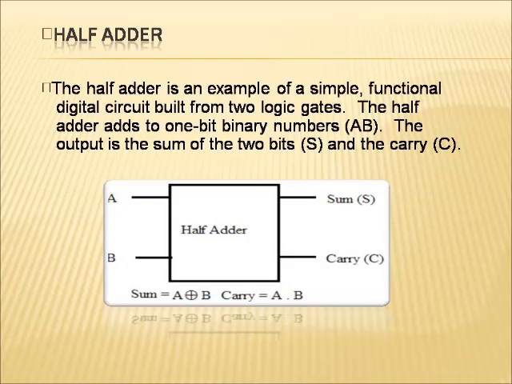First we can see the details of a half adder. I told you a half adder is an electronic circuit used for the addition of 2 binary numbers or 2 binary digits. It performs the addition of 2 binary bits.